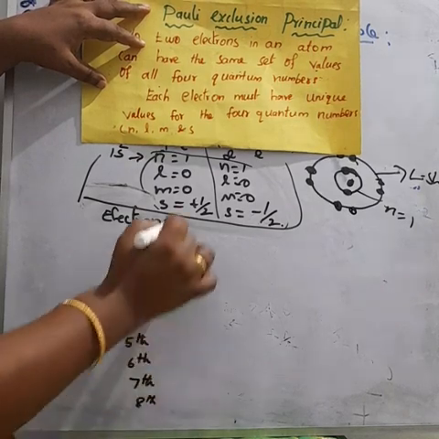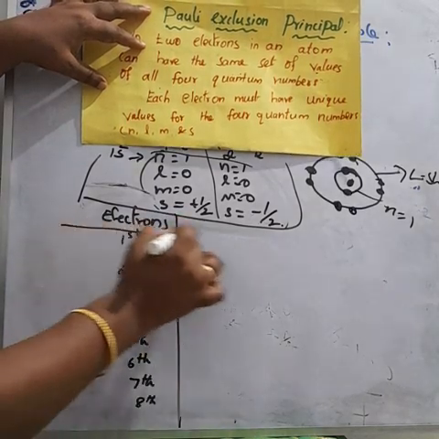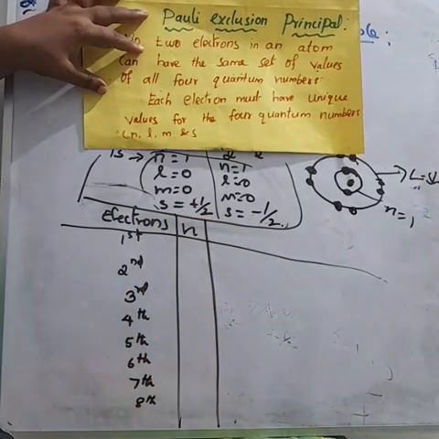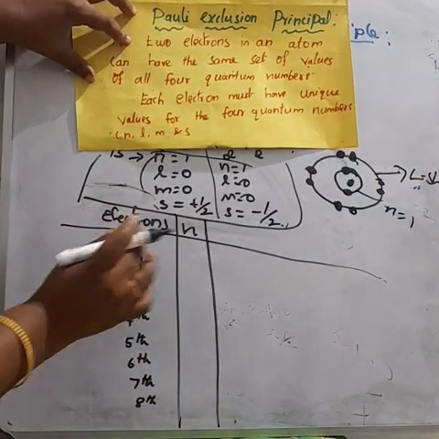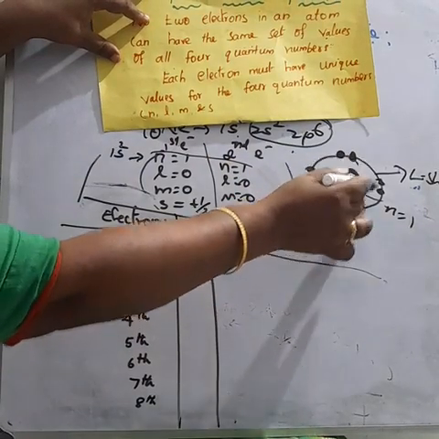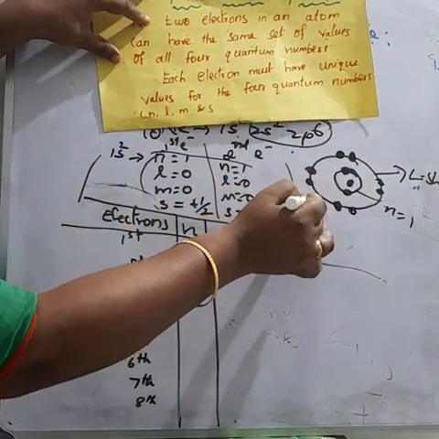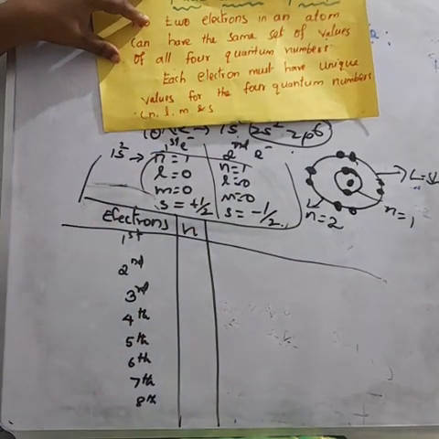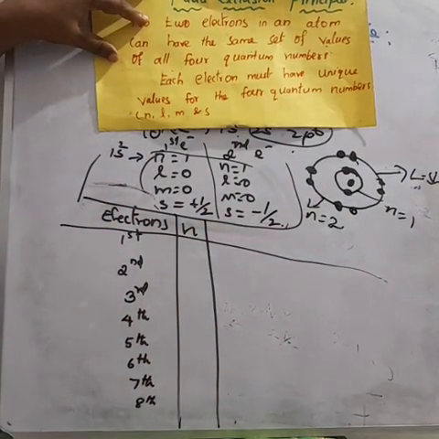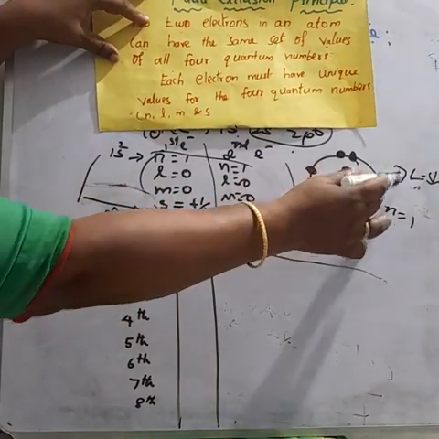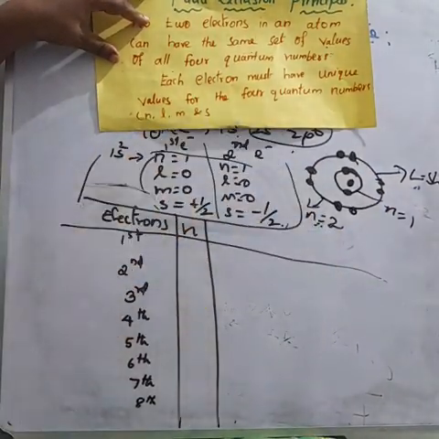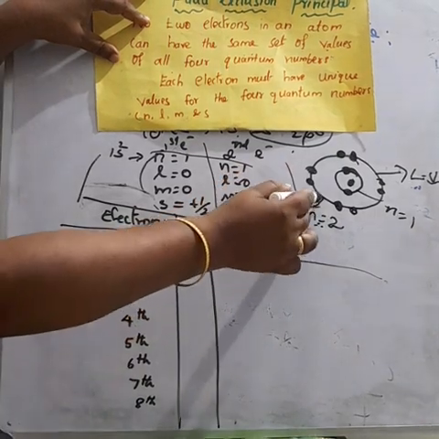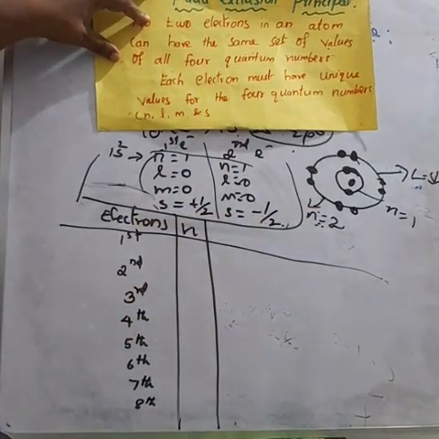What is the n value here? Which shell are the electrons occupying? Second shell, L shell. The first shell means n is equal to 1, second shell means n is equal to 2. So for all the 8 electrons, n value is 2.